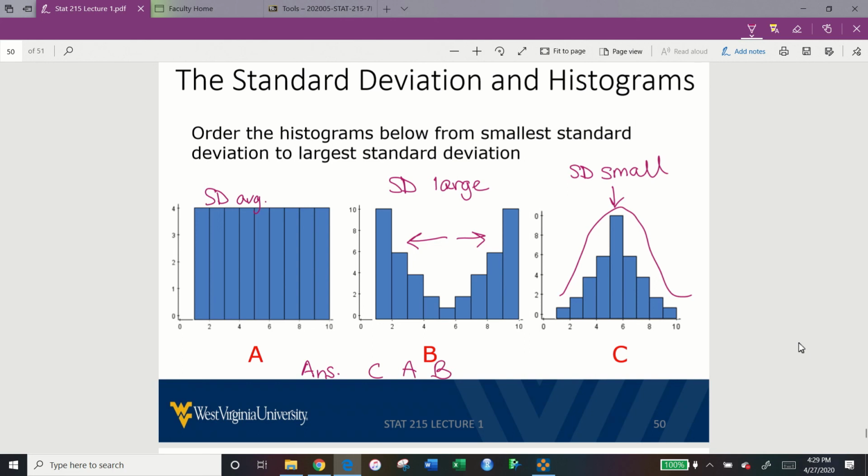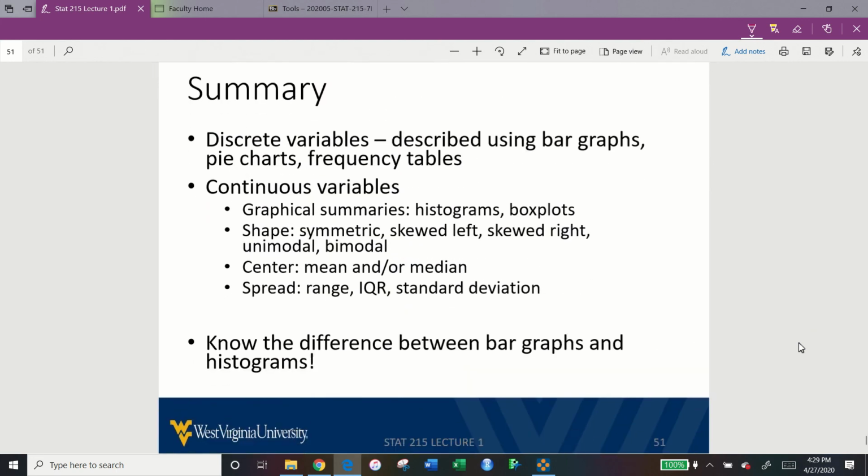CAB. Not bad. All right, so last slide is our summary slide. Just a couple things to remember. Discrete variables are described using bar graphs, pie charts, and frequency tables. For continuous variables, we use graphical summaries such as histograms and box plots.